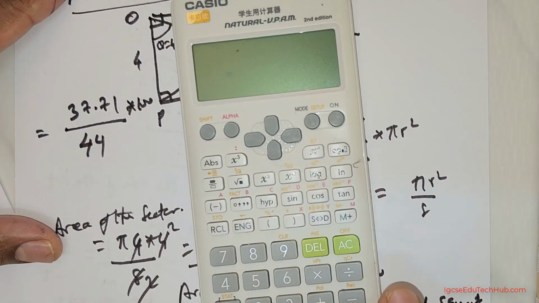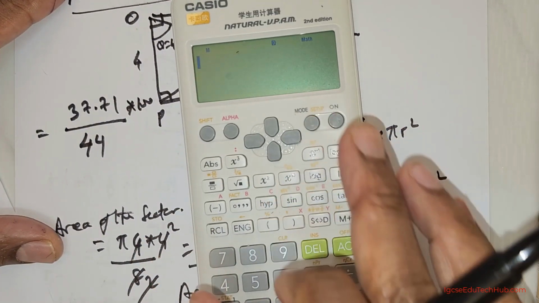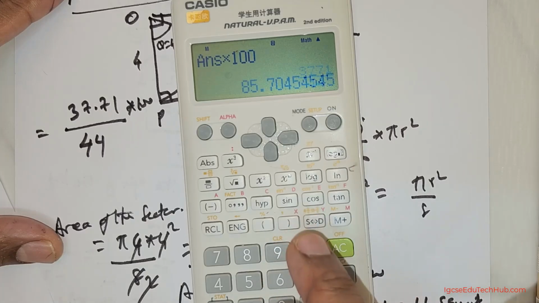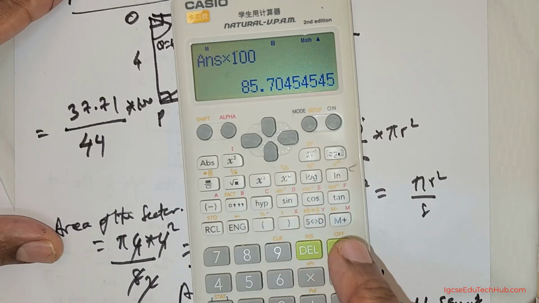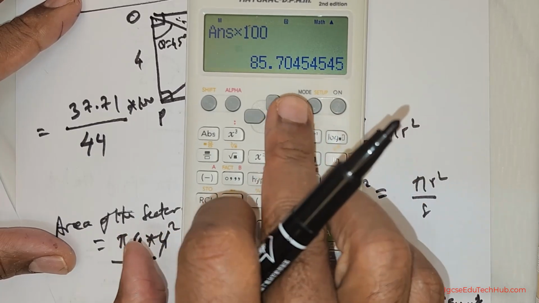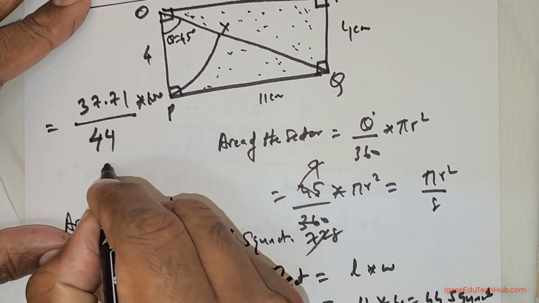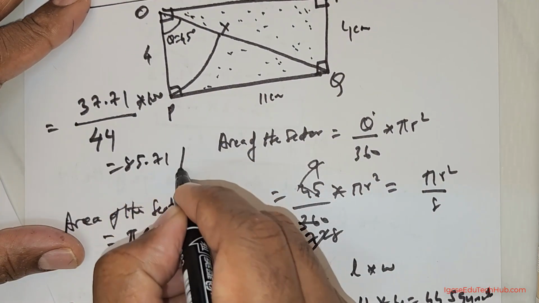So you use a calculator. 37.71 divided by 44, you multiply by 100, you get 85.70 or 85.71. So 85.71%.